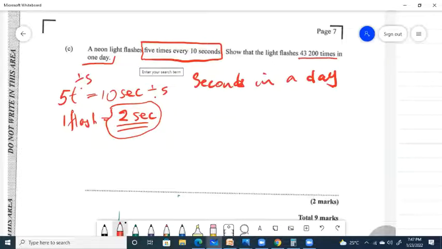So 60 seconds is 1 minute, then 60 minutes gives me 1 hour, and then I have 24 hours in the one day.